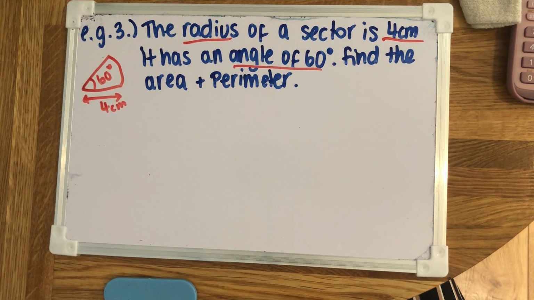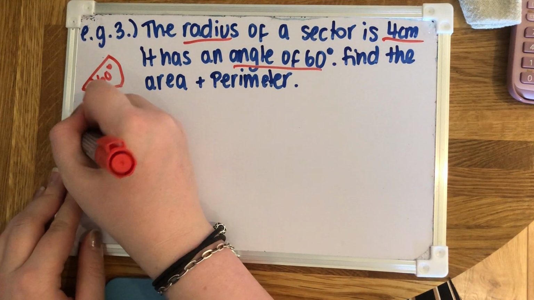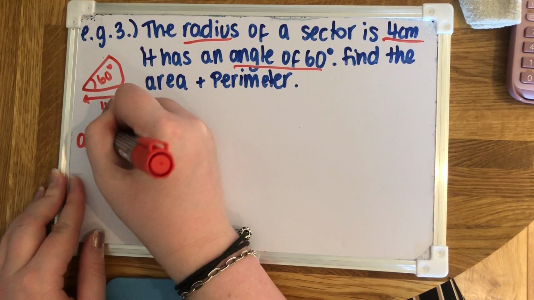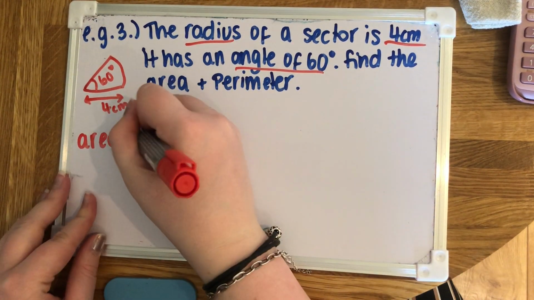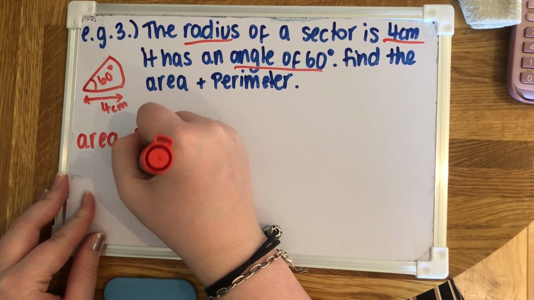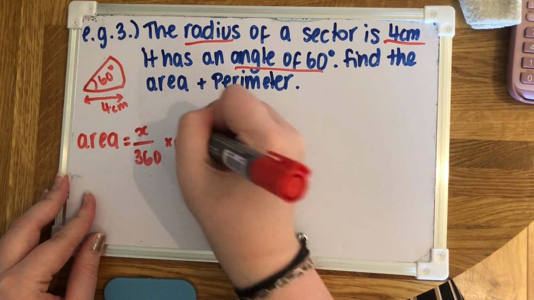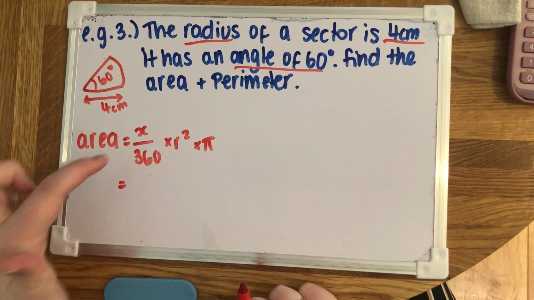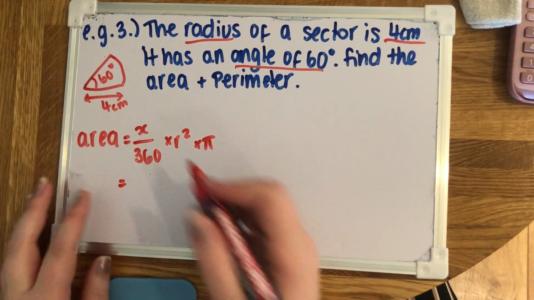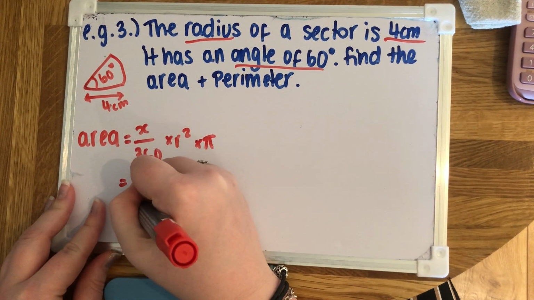Okay, so we're going to start with the area first. I'm just going to go straight in with the formula that we've written before. This is x over 360 times the radius squared times pi. Again, x represents the degree, so we've got 60 degrees out of 360.